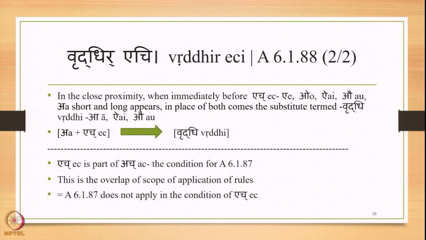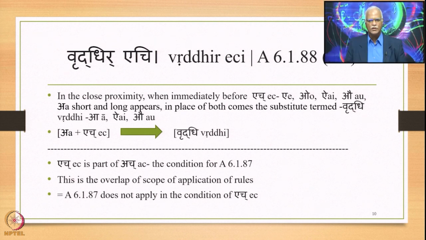It is this: in the close proximity in Samhita mode, when immediately before Ech, that is when immediately before E, O, Ai and Au, a short or long A appears, then in place of both A and Ech comes the substitute termed Vriddhi, namely Aa, Ai and Au.